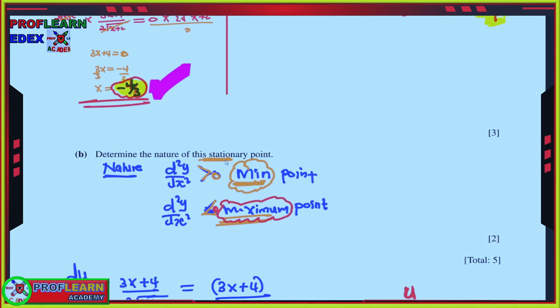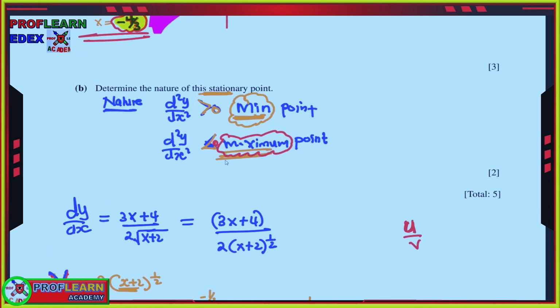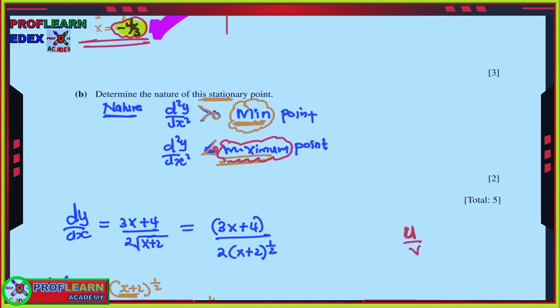Now next question, determine the nature of the stationary point. That's another question you'll be asked, the nature of a stationary point, as you are going to sit for your additional math exam, Feb-March, May-June exam 2025, or any other year. This question will never change, they will be the same. What you need to remember is that at the stationary point, if you get d²y/dx² greater than 0, that is the minimum point.